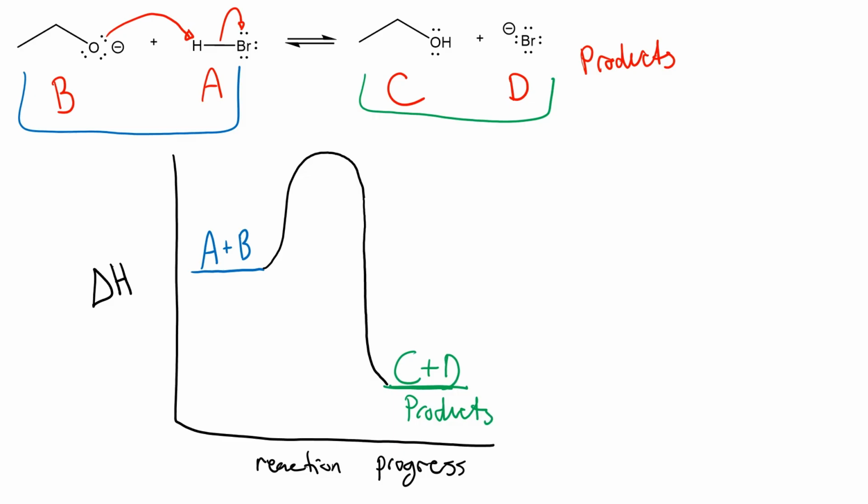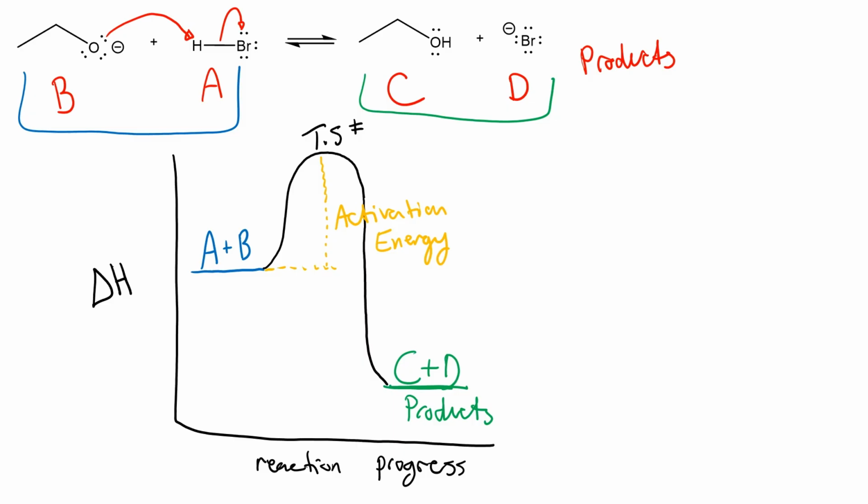Okay, so our parts here, we have our transition state, and I'll use orange to show the activation energy. That is the energy required for reactants A and B to get to that transition state over that energy hump to become the products.